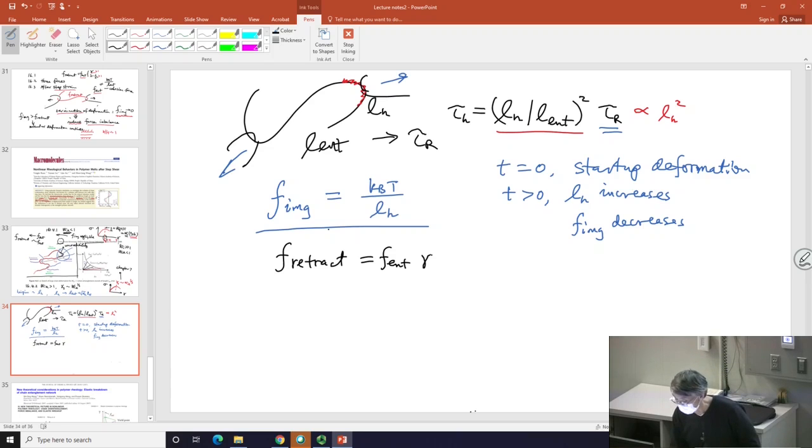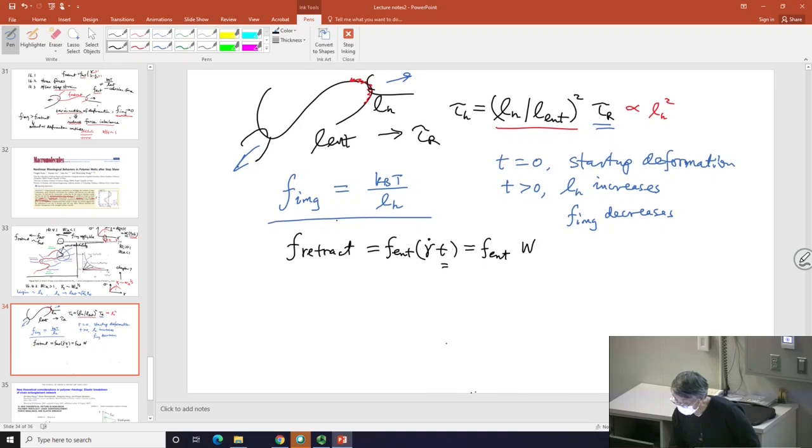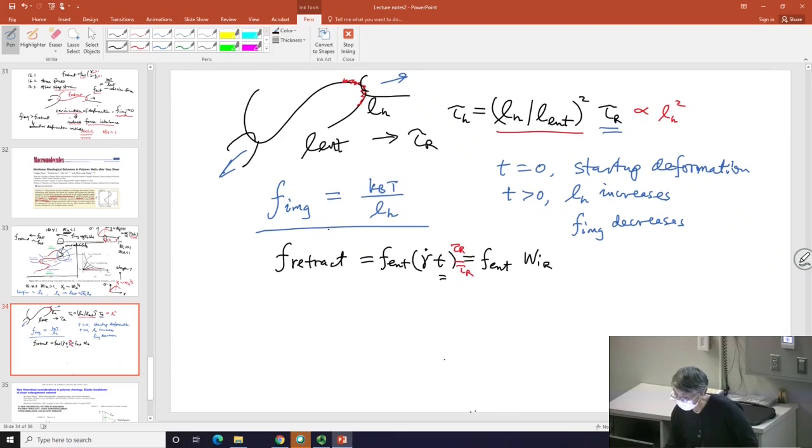It grows linearly in strength, and therefore linear in time. So far, so good. For convenience, you could multiply by tau R and divide by tau R, so that you have a Rouse time there, and your time is expressed in units of Rouse time.